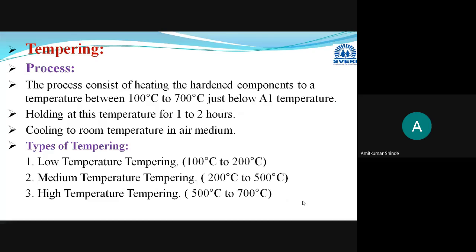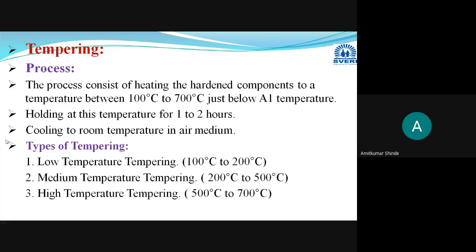Here we provide 1 to 2 hours of holding time or soaking time. After that, the component is collected and cooled in the air medium. Here we are performing slow cooling with the help of air. In this way, this heat treatment is concluded.